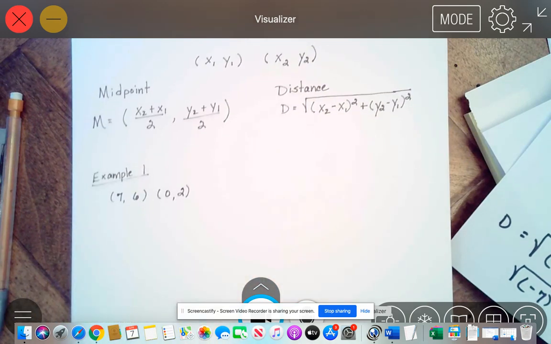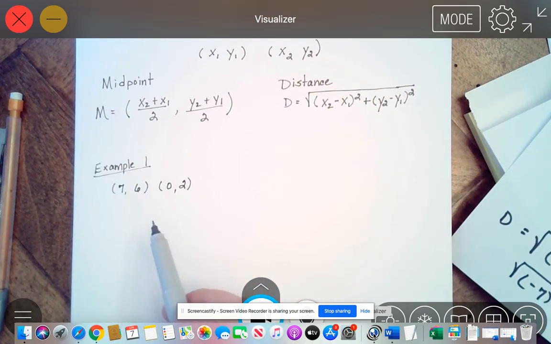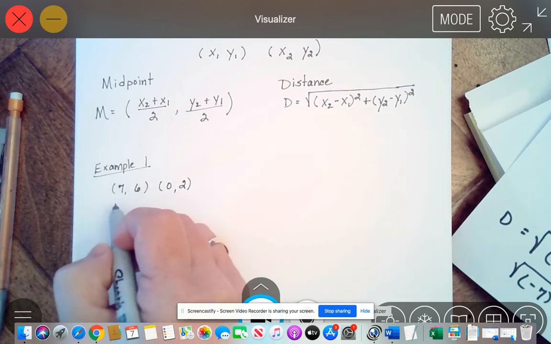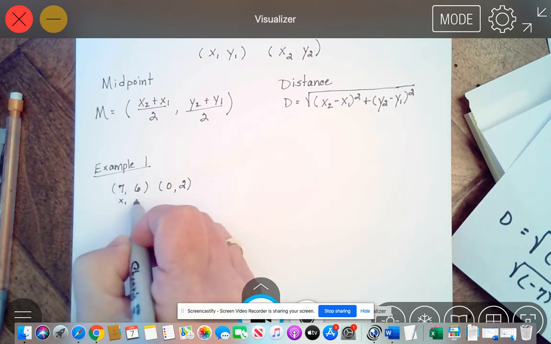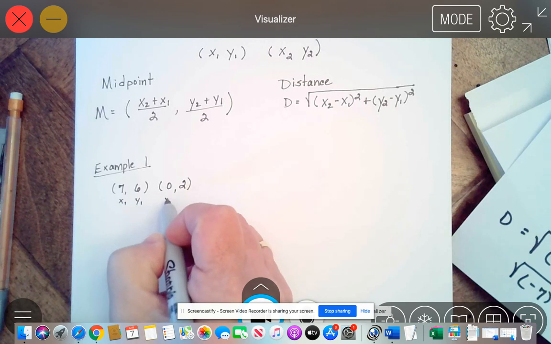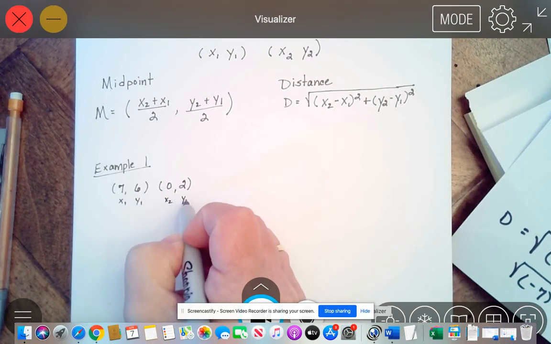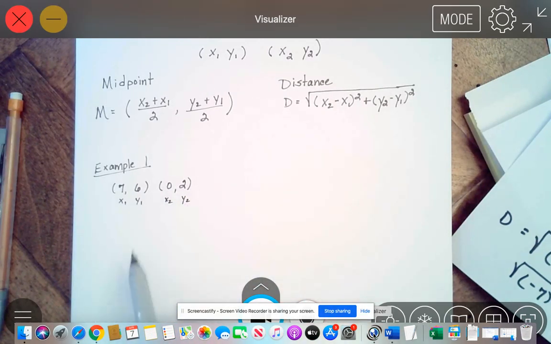I am asked to find the midpoint between these 2 coordinates and the distance between these 2 coordinates. This is going to be my x1, y1, and this is going to be my x2, y2. I am just going to substitute these values into these formulas and do the calculation.